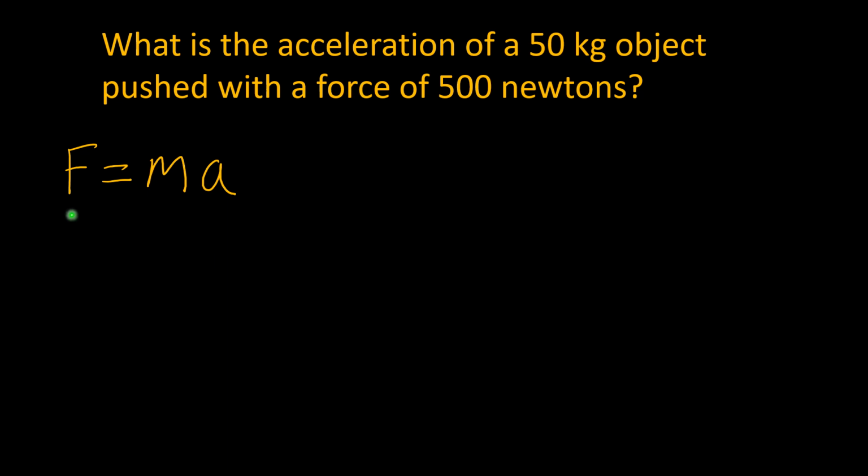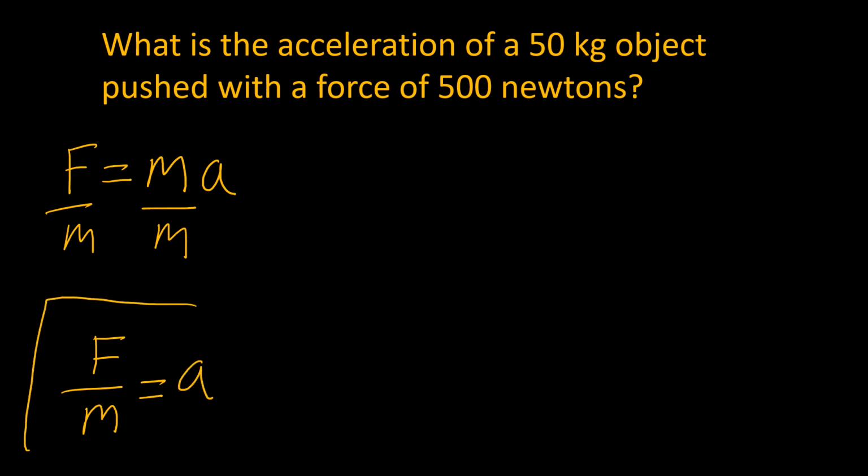They're not asking for force. So when we rearrange this equation, if we divide both sides by the mass, we would get force divided by mass equals acceleration. So this is the equation that we're going to use here.